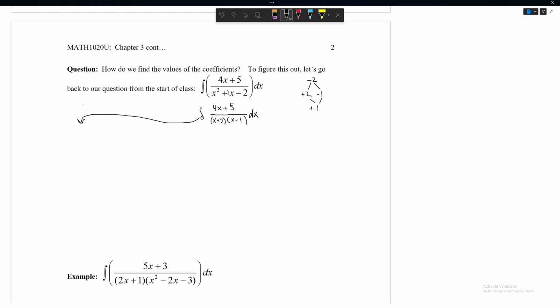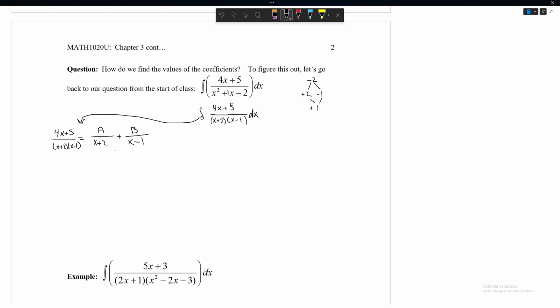All right. So the integral does not equal this. What we're going to say is 4x plus 5 over the function of x plus 2 and x minus 1 equals, so a, this is not quadratic, so just x plus 2, plus b, the bottom is also not quadratic, so we're going to use x minus 1.